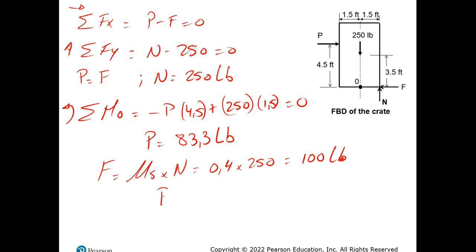Therefore, I realize that P is actually less than the maximum frictional force that the crate can attain, which I will call F max, so there's no confusion between this and this. So P is not greater than F max, therefore my assumption was correct.